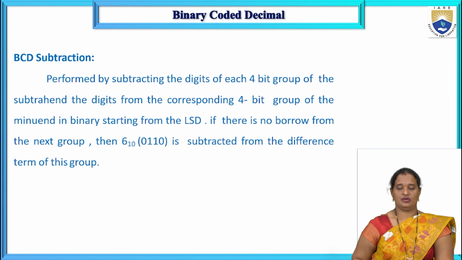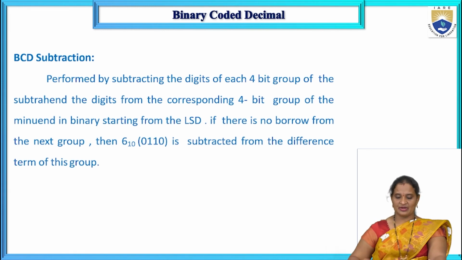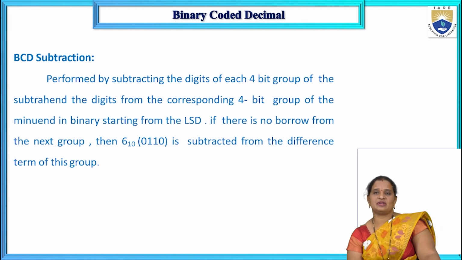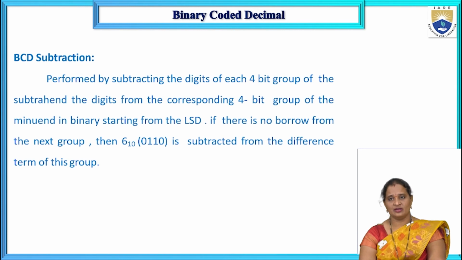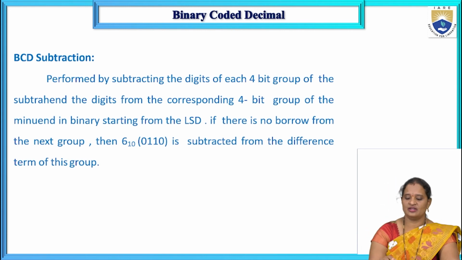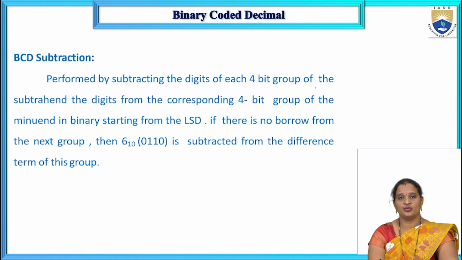Now let us go to the BCD subtraction. BCD subtraction can be performed by subtracting digits of each 4-bit group of the subtrahend from the corresponding 4-bit groups of the minuend in binary, starting from the LSD. If there is no borrow from the next group, then 6 is to be subtracted from the difference term.